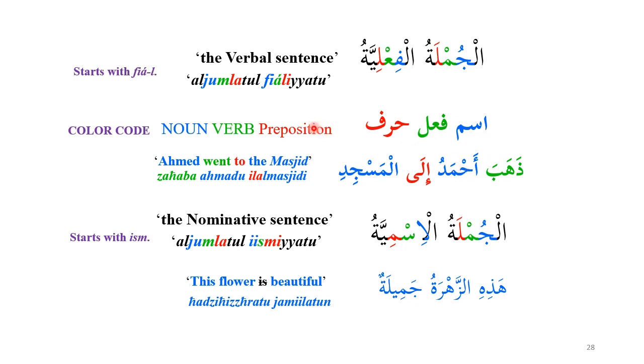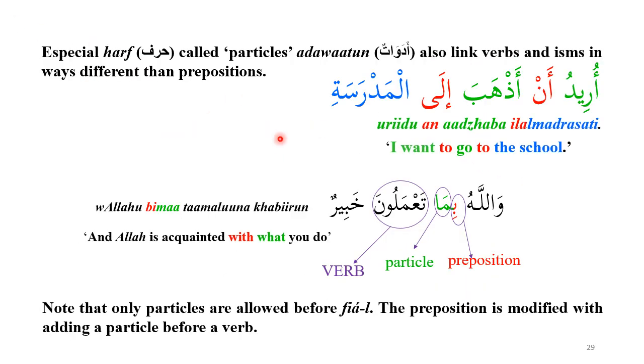You remember that. Okay. Now the harf, as I said, has a linking function, and you can see here, uridu an azhaba ilal madrasati, I want to go to the school. Now here you see there are two verbs, uridu and azhaba, and they are linked by this harf an, which in English is translated as to, or say that.